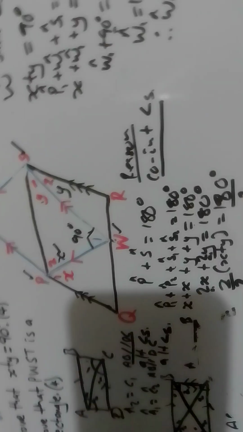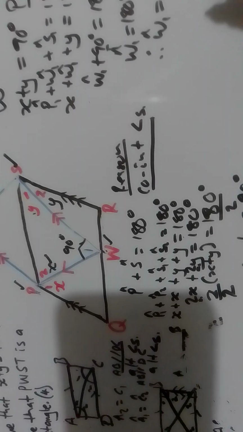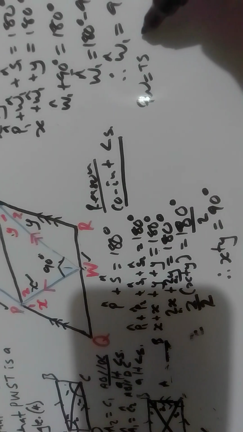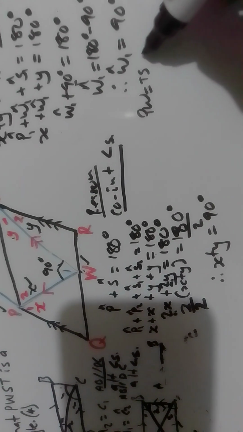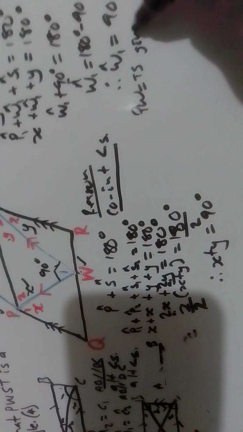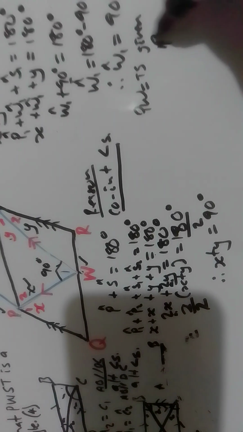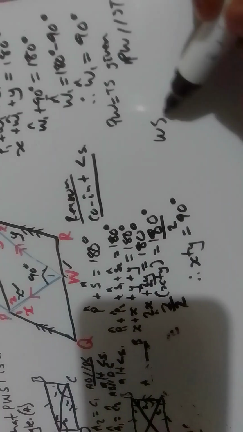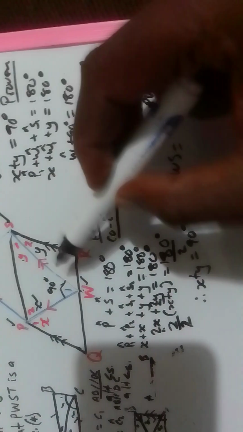So now I say PW is equal to TS. The reason I say is given that PW is parallel to ST, and I also say WS is equal to PT.